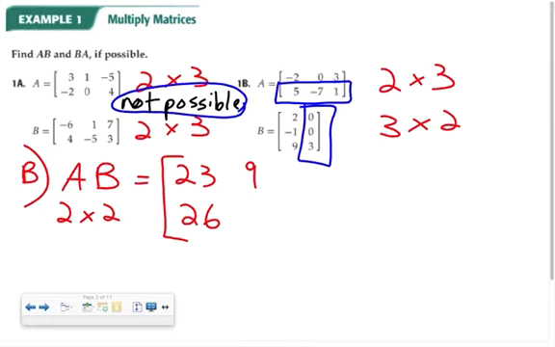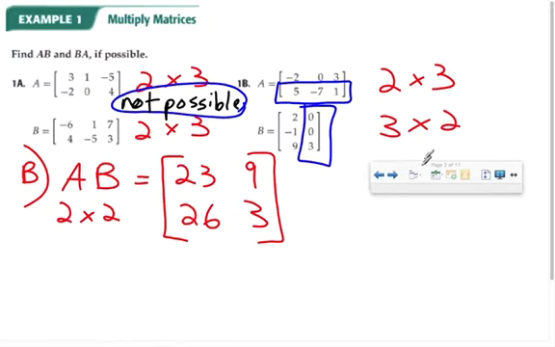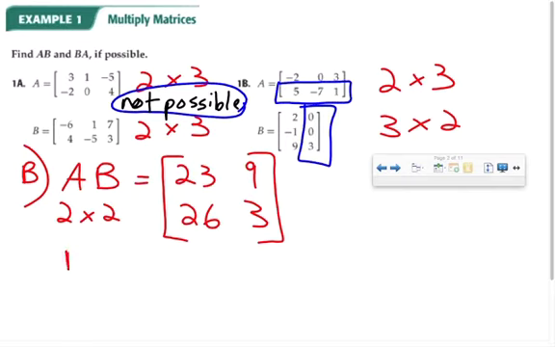Finally, 5 times 0 plus negative 7 times 0 plus 1 times 3. So there's A times B. Now I'm going to do B times A, which I hope that you'd realize is going to end up being a 3 by 3 matrix.